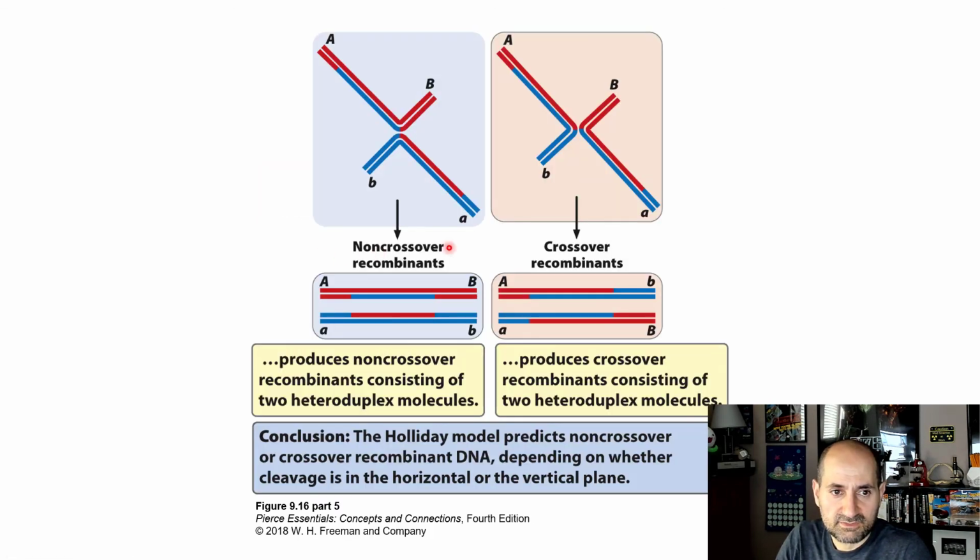Okay, so you could have non-crossover recombinants consisting of two heteroduplex molecules, or you can have crossover recombinants consisting of two different heteroduplex molecules. Conclusion: the Holliday model predicts non-crossover or crossover recombinant DNA depending on whether the cleavage was on the horizontal plane or the vertical plane.